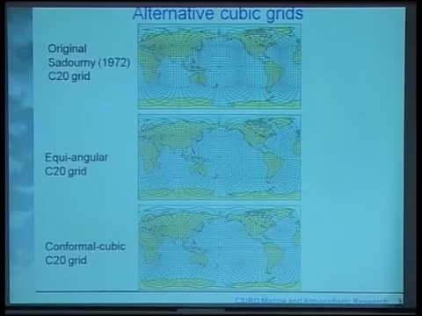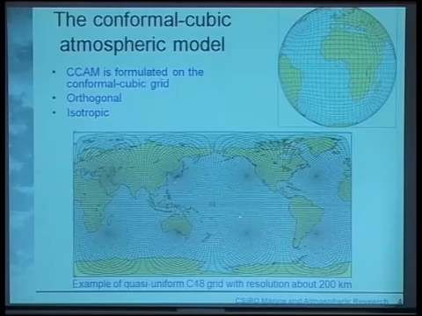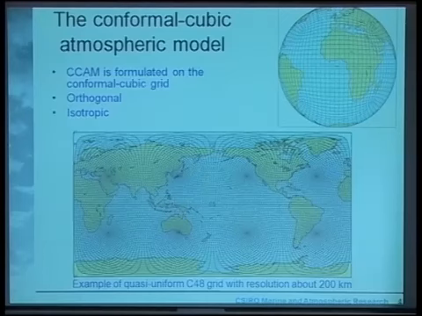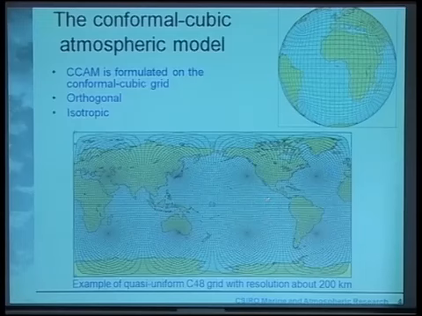You alter the distribution of the lines on the cube so that once it's projected onto the sphere, you end up with a family of lines which is everywhere orthogonal, and it's isotropic, delta x equals delta y. And at the panel edges, you don't have any change of direction.